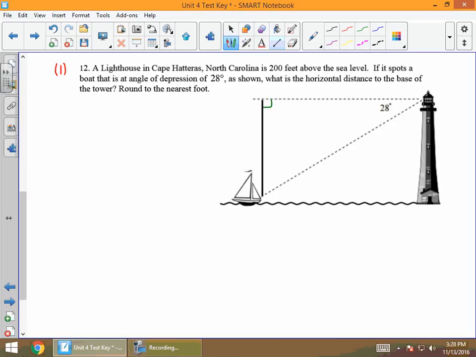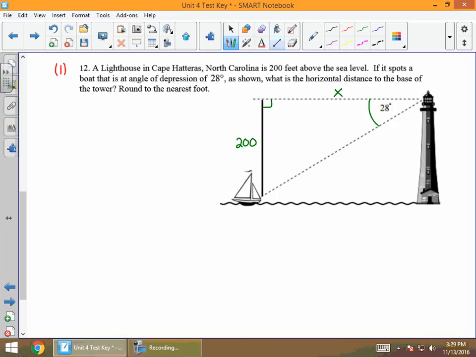And it says that the height of this light tower, so from the water to the top of the tower, is 200. And if it spots a boat at an angle of depression of 28 degrees, what is the horizontal distance, so the side-to-side distance? So x is what I'm looking for. And then it wants me to round to the nearest foot.